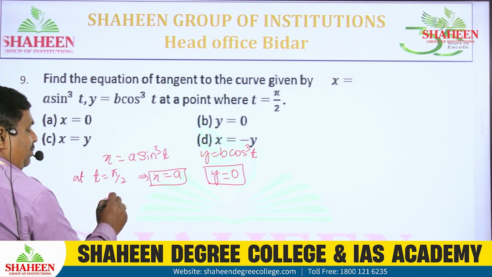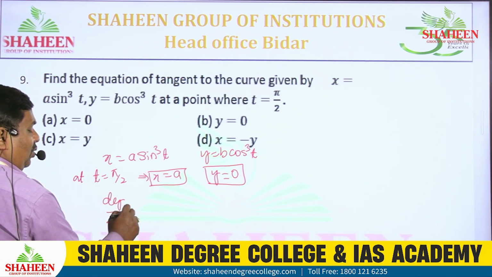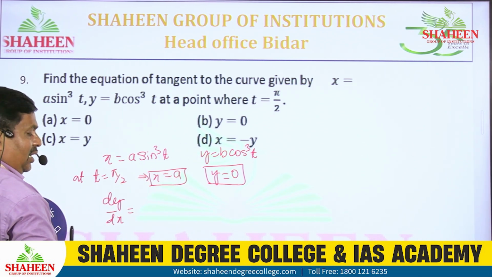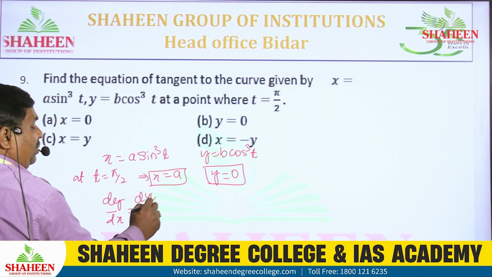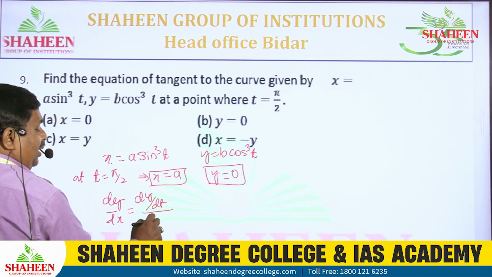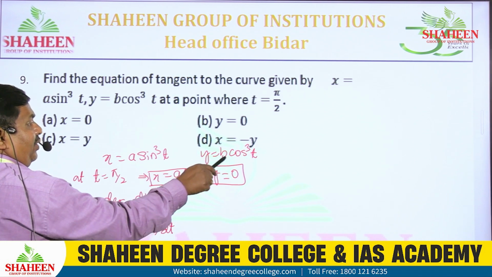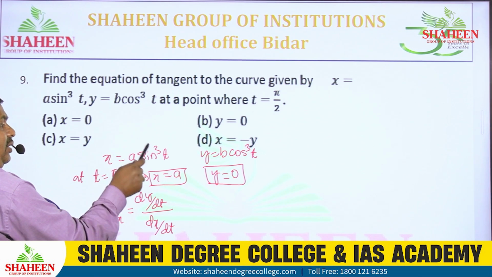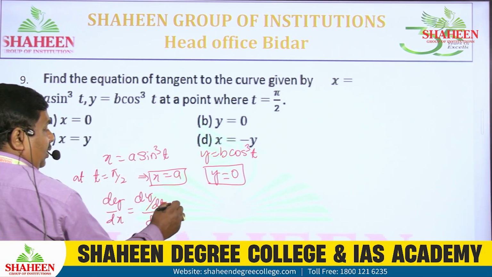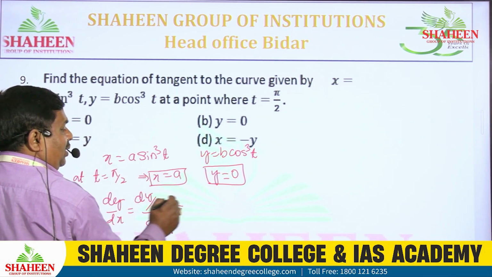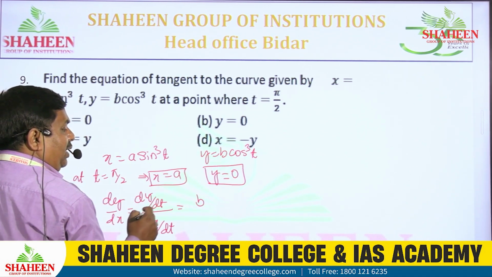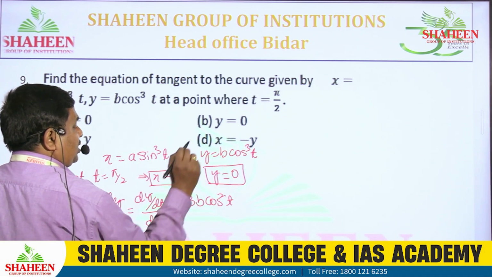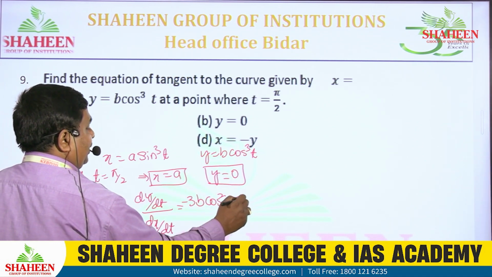So dy by dx is the slope of the tangent. Dy by dx equals dy by dt divided by dx by dt. We are differentiating the y function with respect to t and dividing by the derivative of x with respect to t. The y derivative is b as it is, cos cube t derivative is 3 cos square t, and cos t derivative is minus sin t.